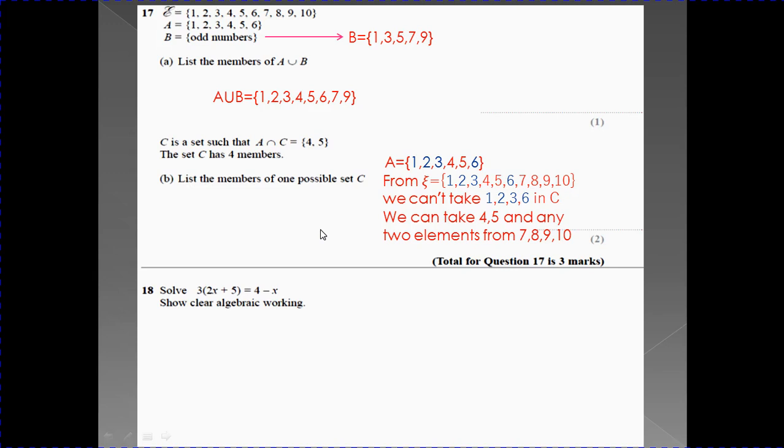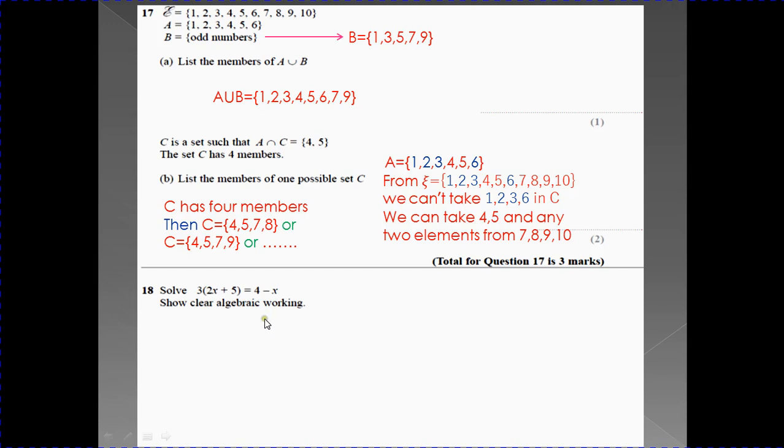Then let's see. C has 4 elements. You can put 4, 5 and take maybe 7, 8, maybe 9, 10, maybe 7, 9, like this. Then C can be 4, 5, 7, and 8, or 4, 5, 7, and 9, and so on.